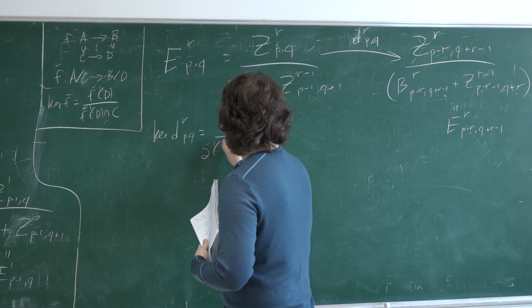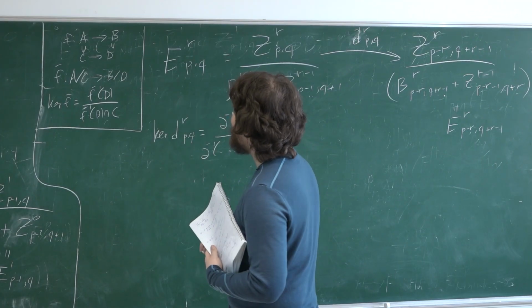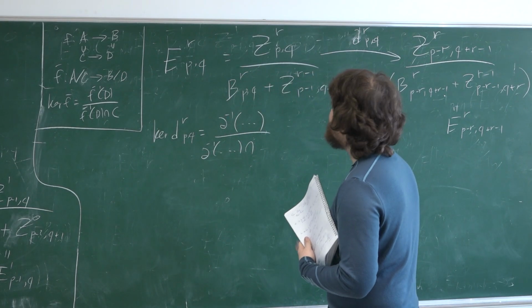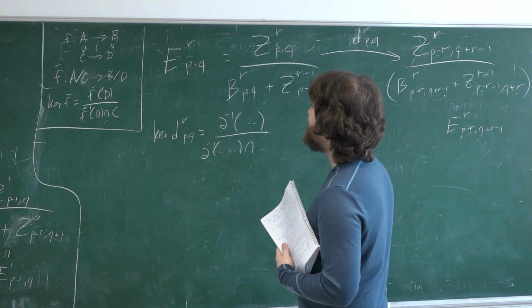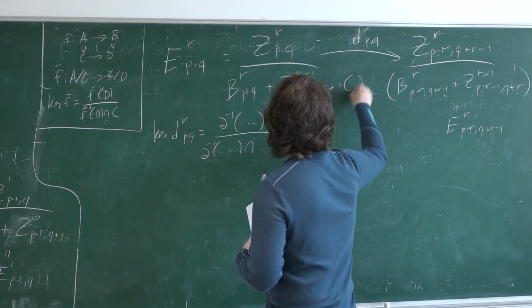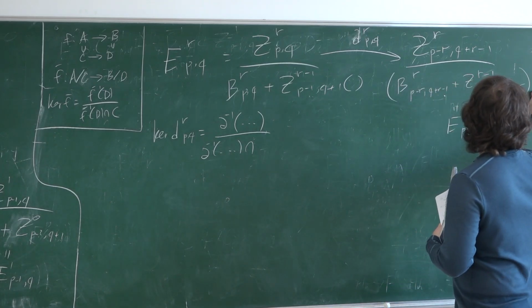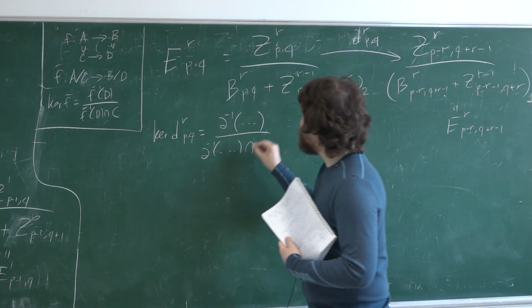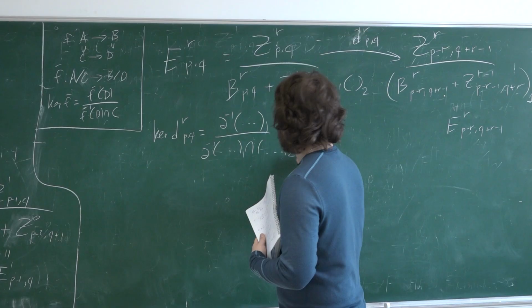C is this group, or another bracket. It's bracket 1, bracket 2.